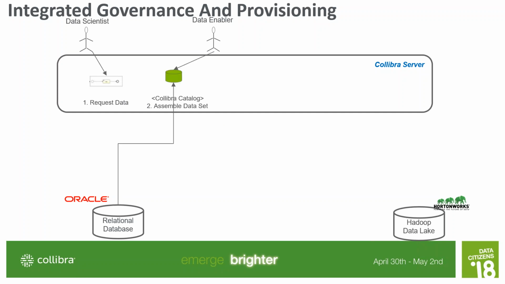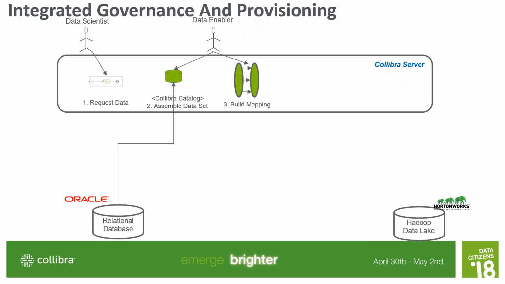Next, the data enabler uses the Collibra catalog to pull in metadata about the data which is in the source and assembles a data set. Next, the data enabler builds a mapping between the source and the target to show where the data currently resides and where it needs to go to, and also defines the transformation rules in the form of microservices.